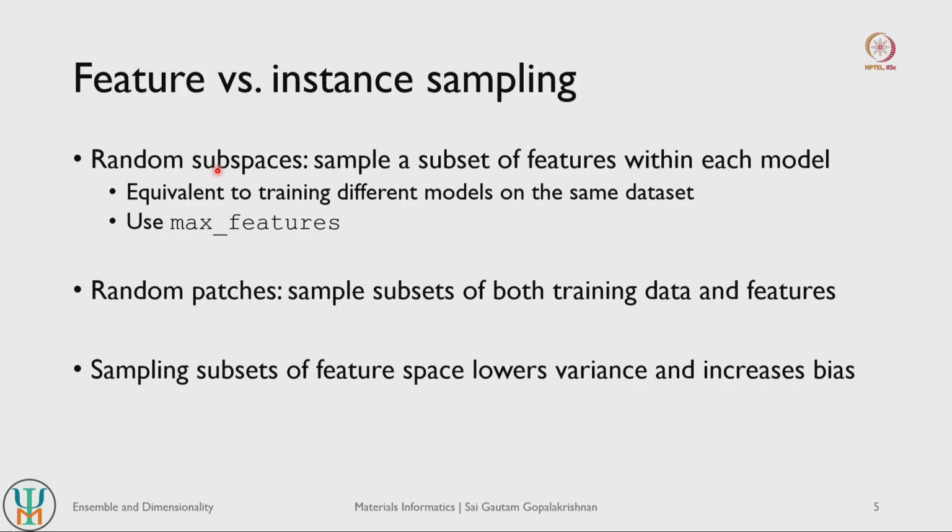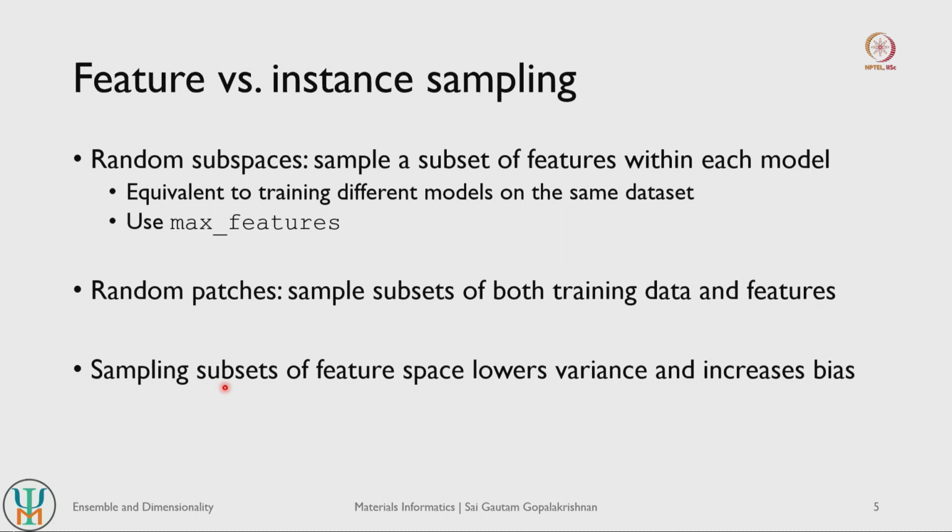Random patches basically includes random subspaces with instance sampling, right. So you sample subsets of both training data, your instances, as well as features, right. In general random patches is the strategy that is commonly adopted for ensemble models, right.